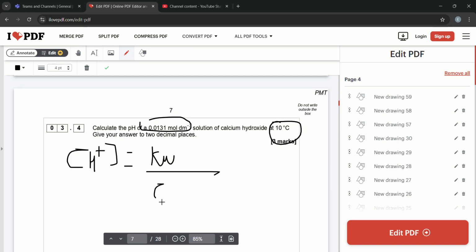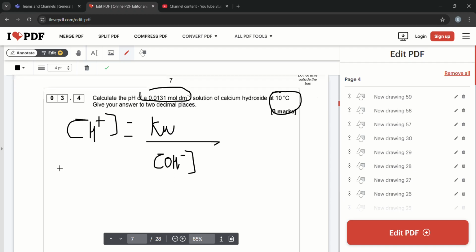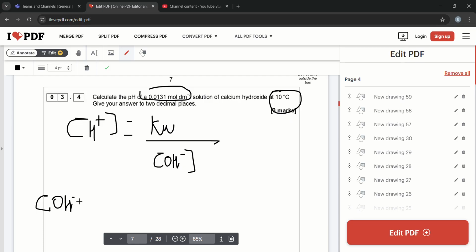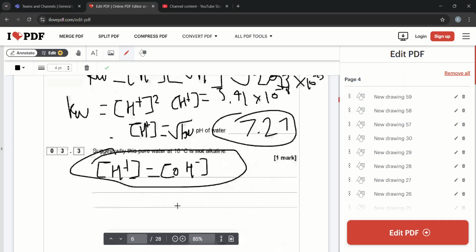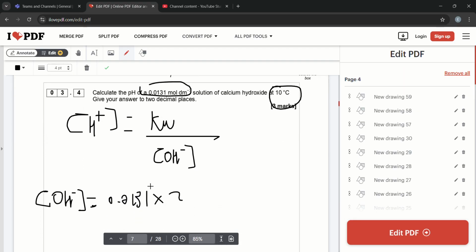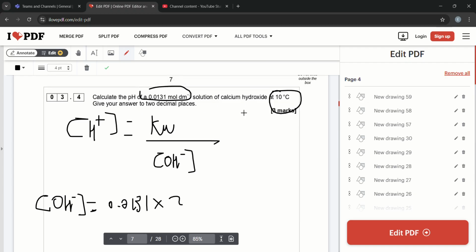And how do we find the OH minus? Well, OH minus is equal to 0.0131 times 2, because calcium hydroxide is Ca(OH)2. I'm pretty sure that's the reason we times by 2. And we get 0.0262.